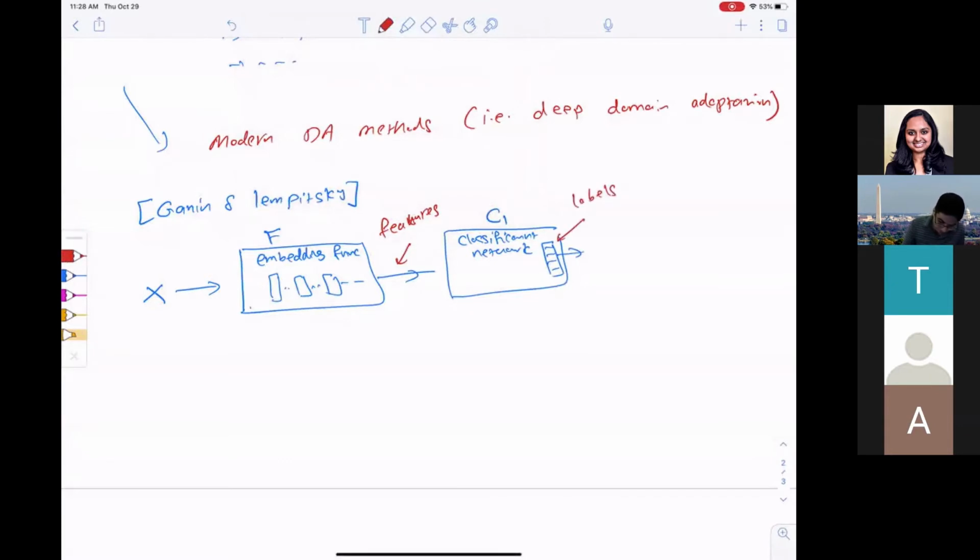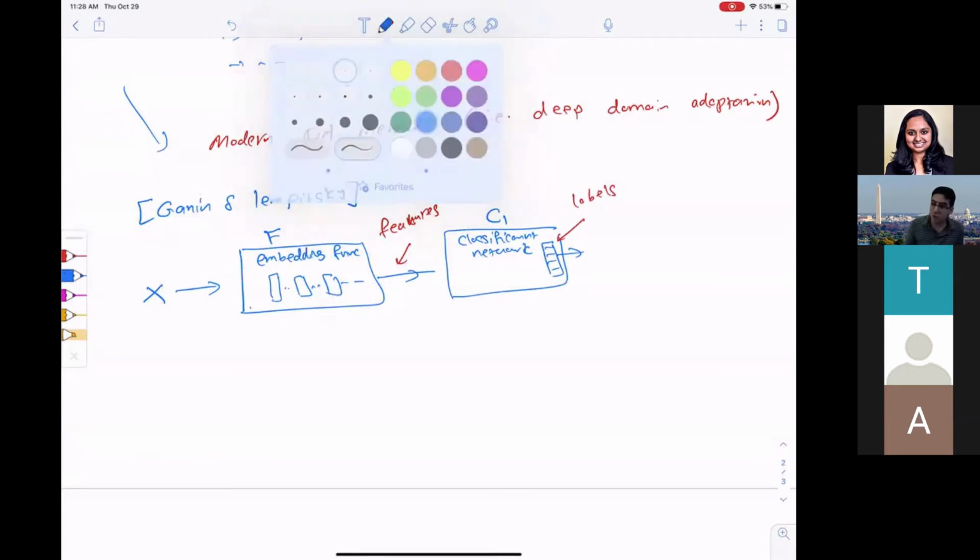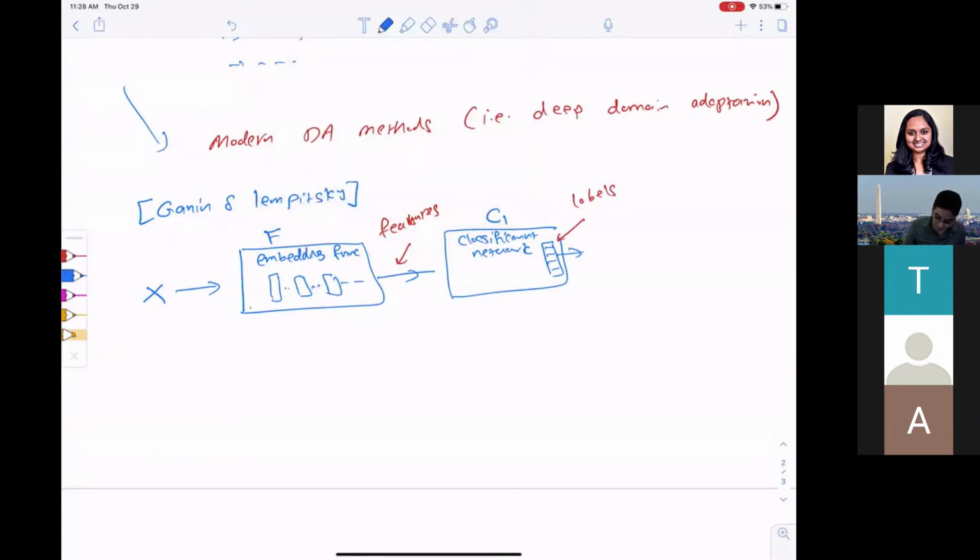If I just use my labeled source samples, I can train F and C1. How would I train that? I'm going to minimize the average error on my labeled source samples.